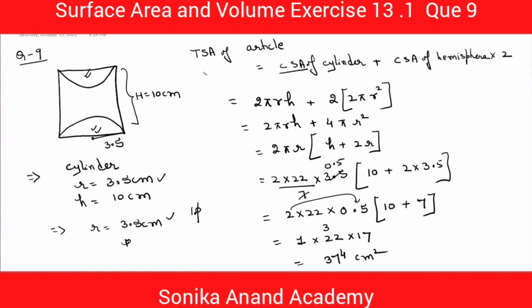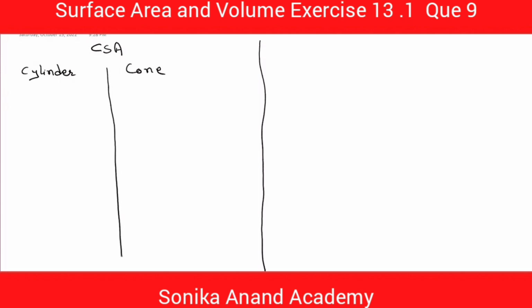Listen, I want to explain you something. Now be attentive. When we have curved surface area, cylinder and cone, firstly these two, I'm not talking about the sphere. It is 2 pi RH. It is pi RL.